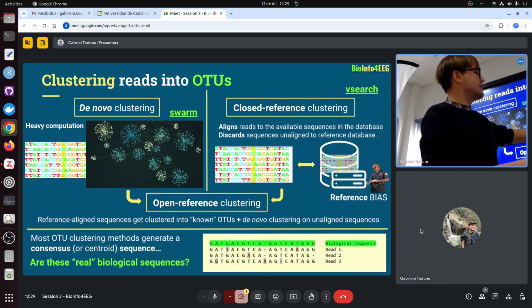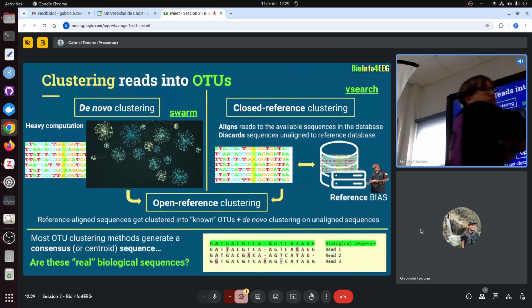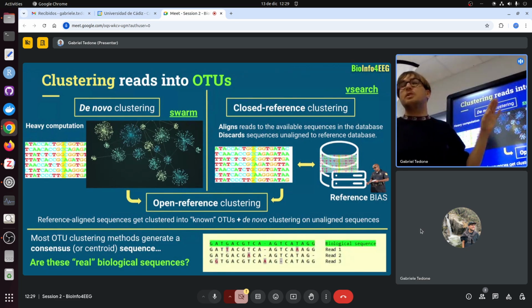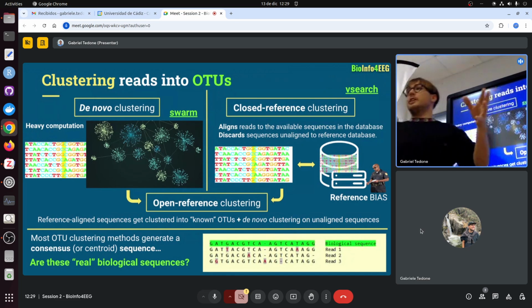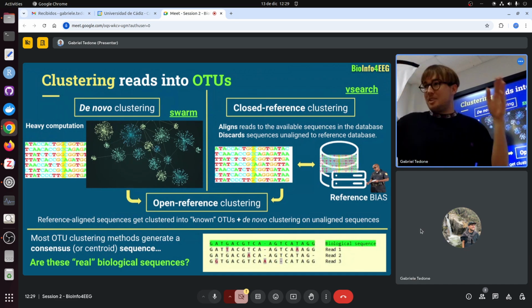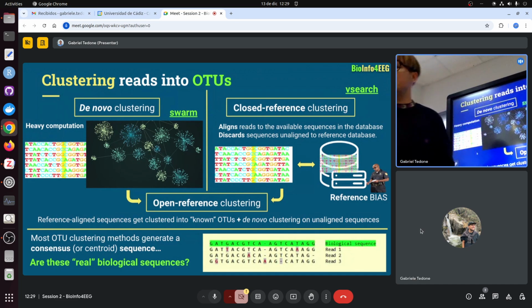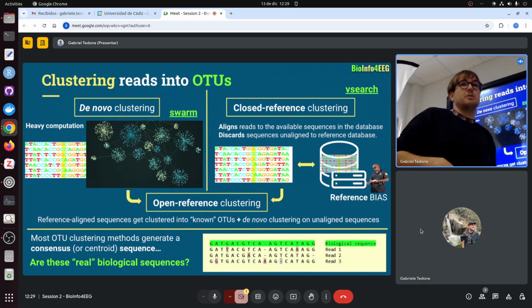Unaligned sequences that do not match the reference database get discarded, eliminated, which is a problem. It's not a problem if you're studying our gut microbiome nowadays, because the database of gut microbiota is complete. There's a lot of research, lots of years, lots of studies, lots of data on our microbiota.